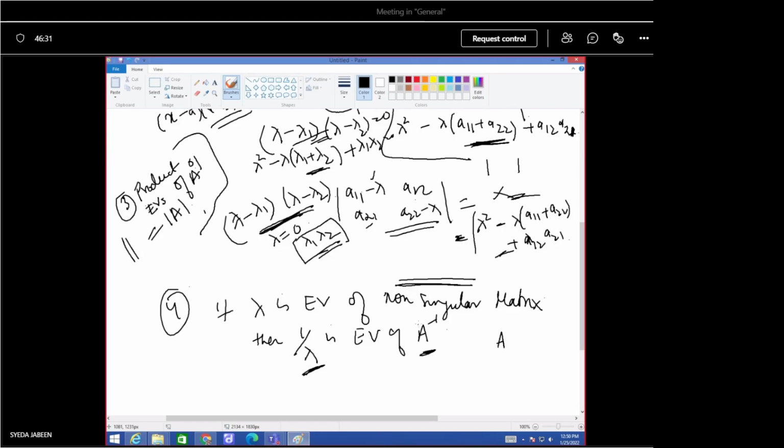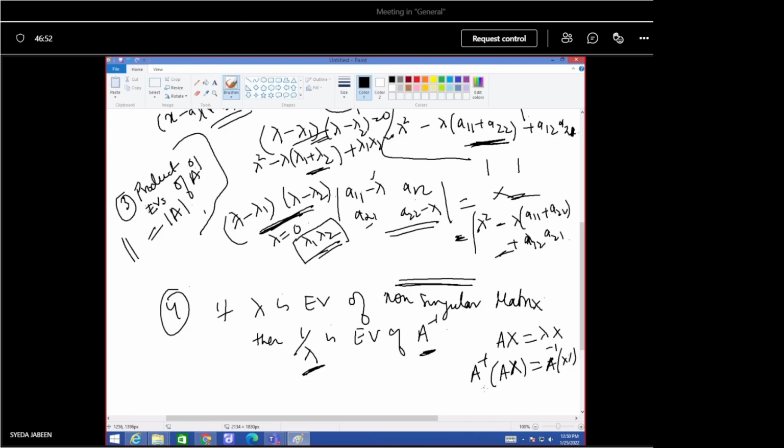If lambda is the eigenvalue, then we can construct the equation Ax is equal to lambda x. If we take A inverse here, because the matrix is non-singular, we can take the inverse. That is also a property. So if you take A inverse, you get x is equal to A inverse lambda x.